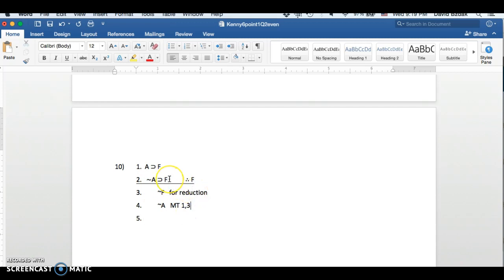Now we've got not A, we can get F by conditional elimination of 2, 4. Right, so we've got on line 2, we've got a conditional. On line 4, we've got the antecedent. So conditional elimination tells us we can get the consequent as output. So now we just need to drop not F down. Reiteration of 3. There's our contradiction.